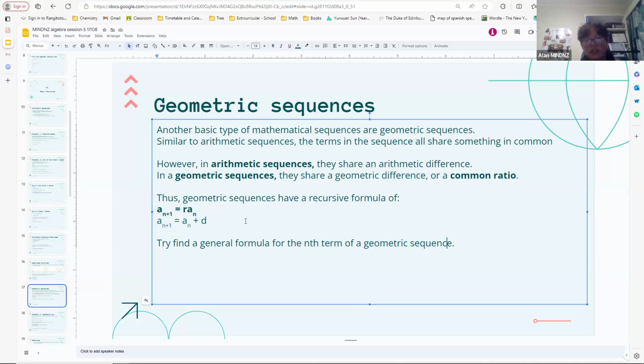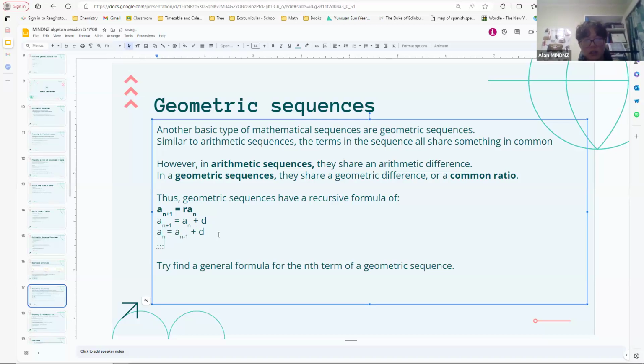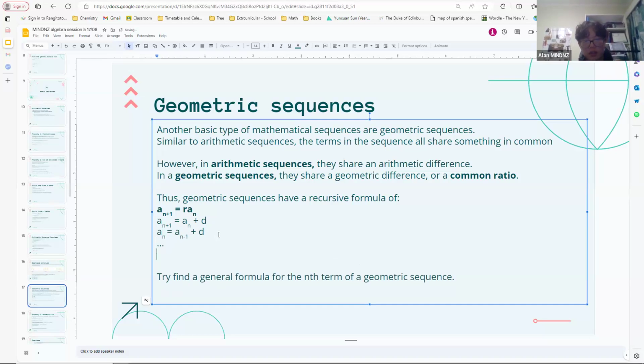Before we found the general formula for the nth term of an arithmetic sequence by just recursively doing a_n equals a_(n-1) plus d, and then dot dot dot until we have a_2 equals a_1 plus d.